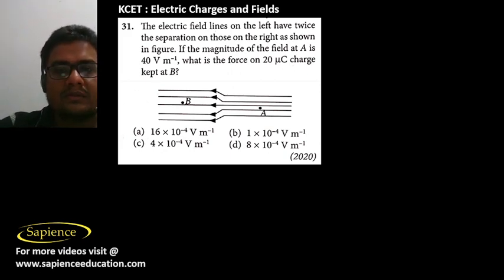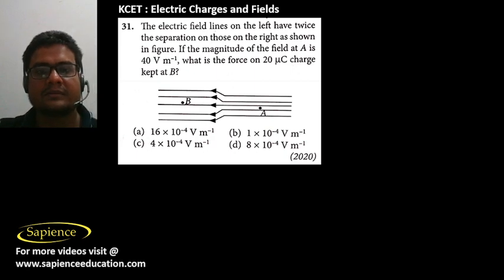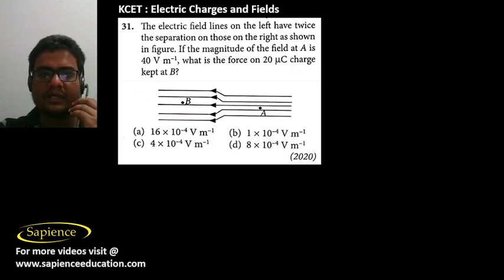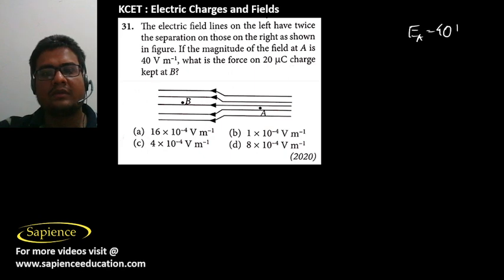Question number 31 says the electric field lines on the left have twice the separation of those on the right, as shown. The magnitude of the field at A is 40 volt per meter.